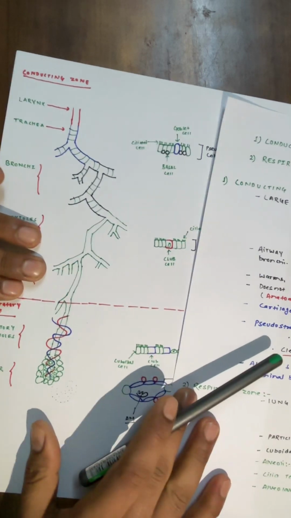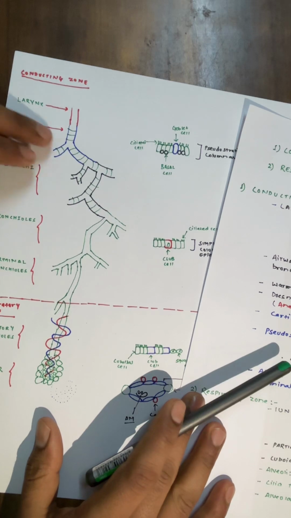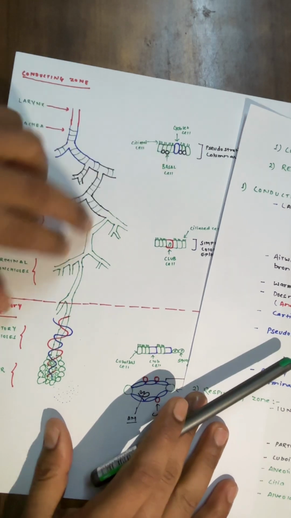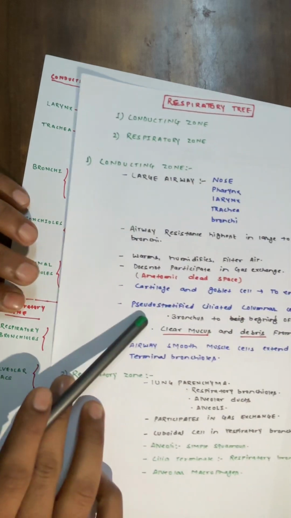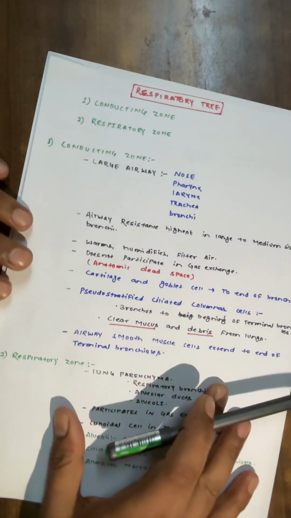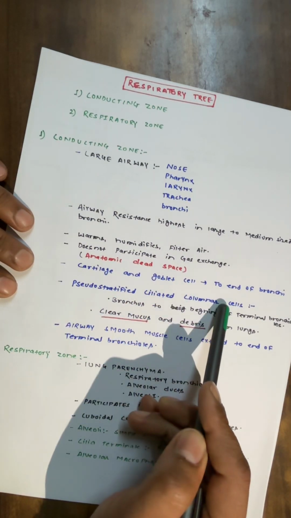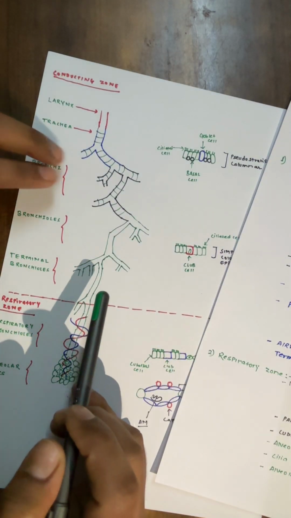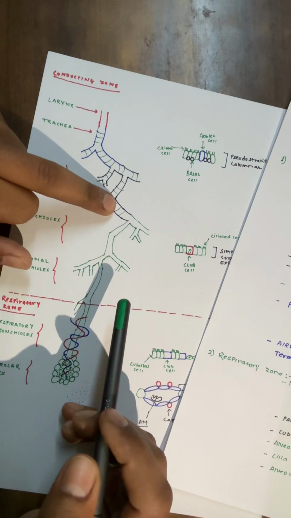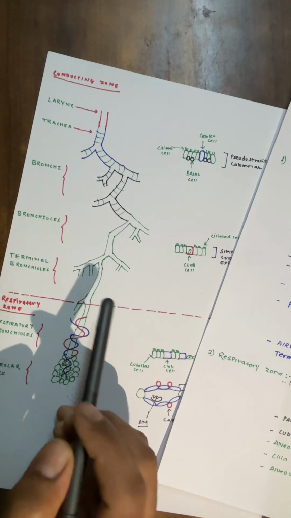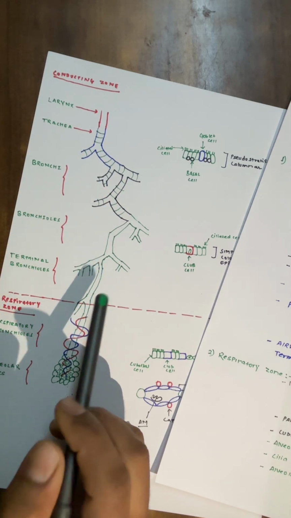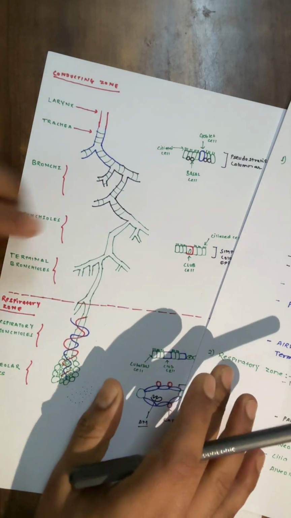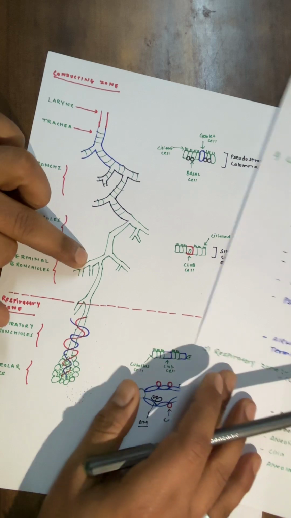The cell type here is pseudostratified ciliated columnar cells, which start from the bronchus and go up to the terminal bronchioles.